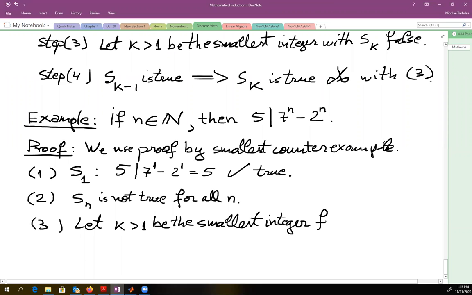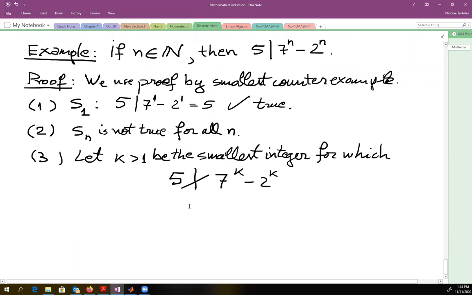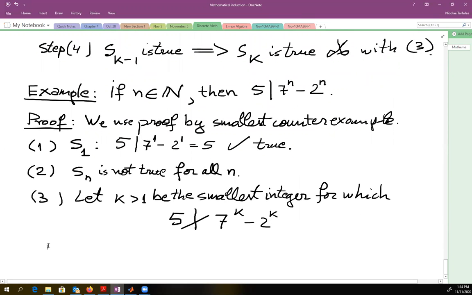For which 5 doesn't divide 7 to the k minus 2 to the k. Okay? So then step 4. Let's see what happens. So we need to get a contradiction somehow.